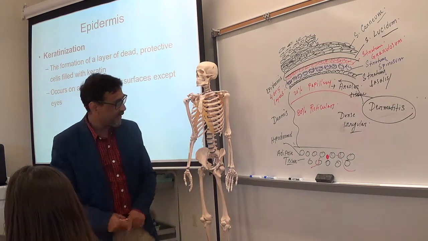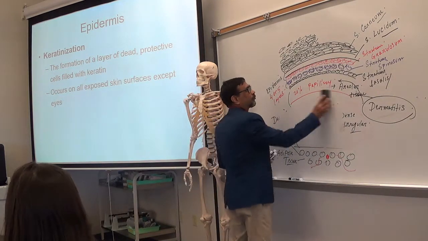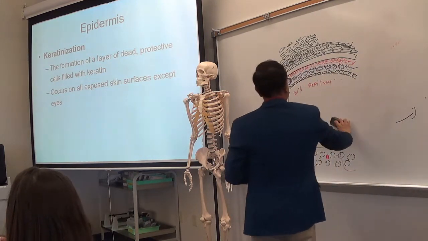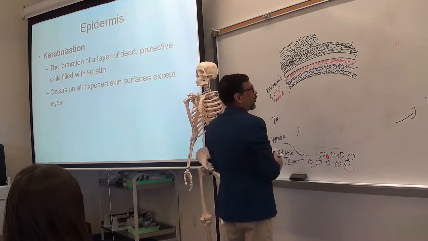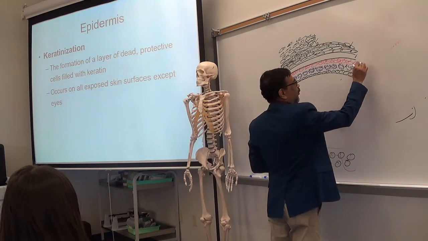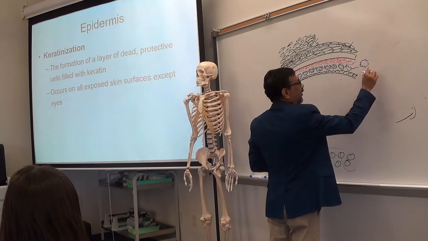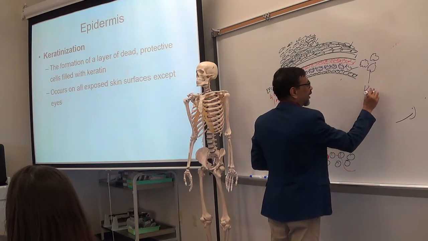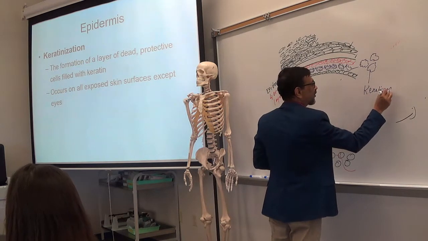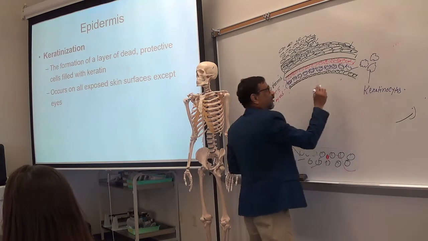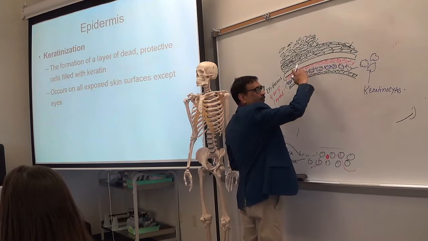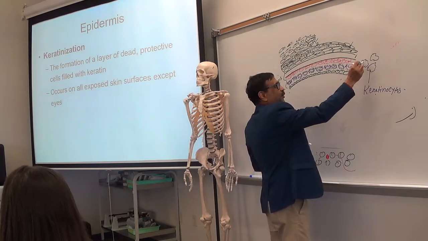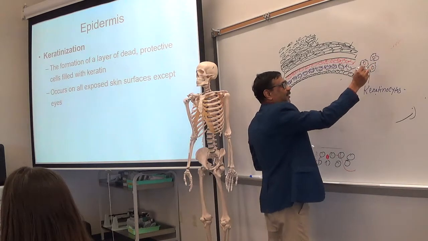So what happens, you see, we have one type of cells, those are called keratinocytes. In the deeper part of the epidermis, we have keratinocytes. And keratinocytes are the cells that produce what?